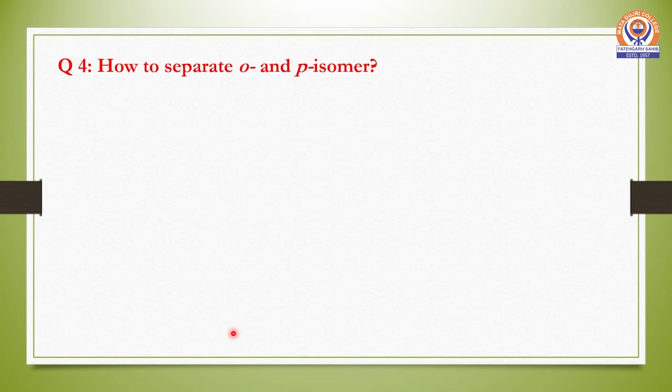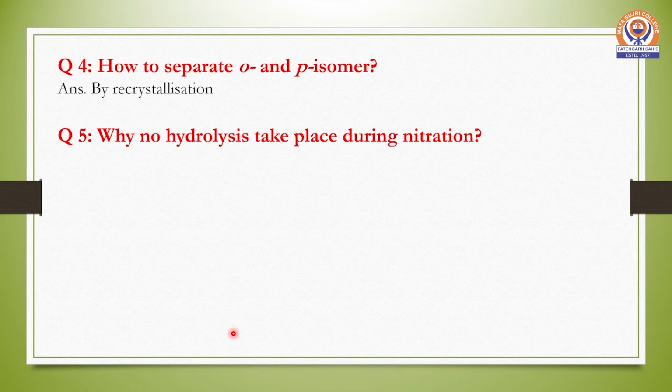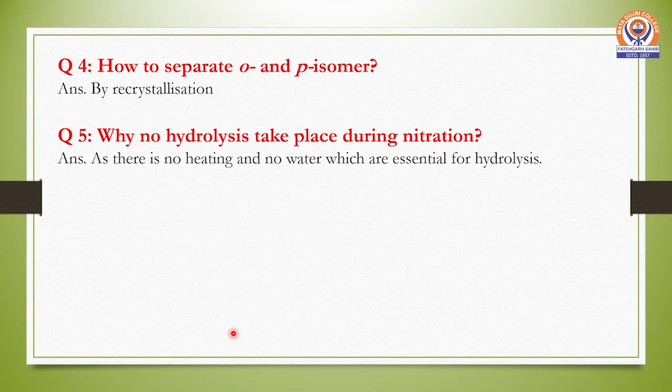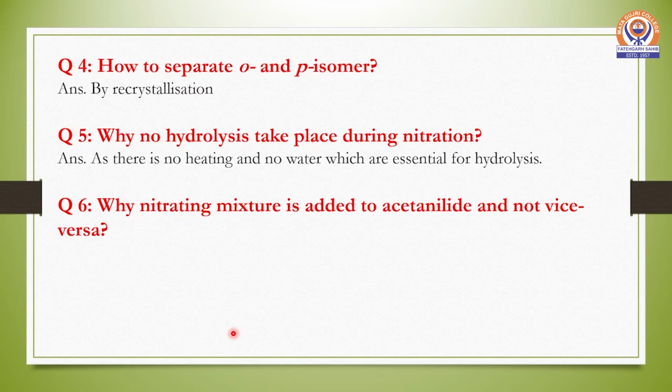How to separate the ortho and para isomers? That we know is by recrystallization, because there is a difference in the solubility of the ortho and the para product. Why does no hydrolysis take place during nitration? Because the reaction doesn't involve any heating and no water is being used, which is essential for the hydrolysis reaction. Why is the nitrating mixture added to acetanilide and not vice versa?